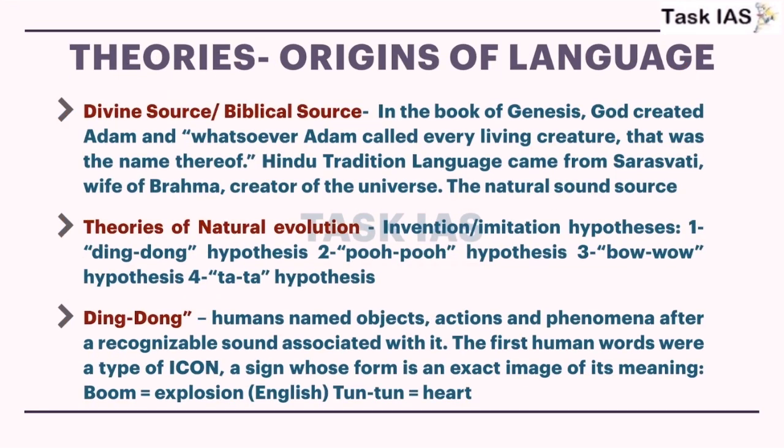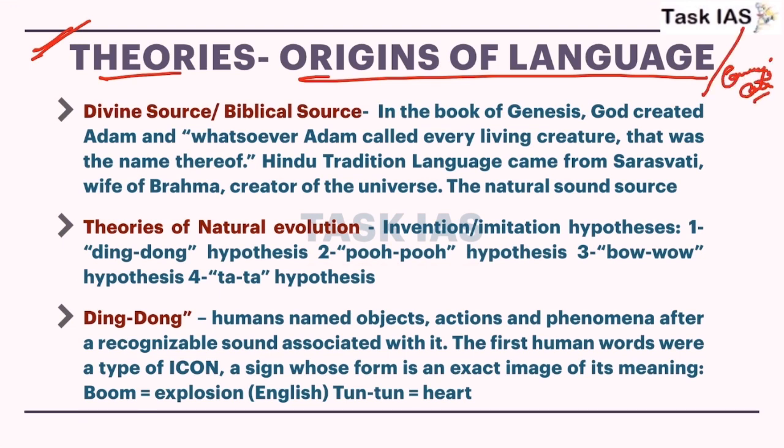Now next is theories about the origin of language. Here you can mention the origin of language, or the origin of communication, because these two terms are sometimes used interchangeably even in books. First is the divine source or biblical source. According to this, the language or communication ability of human beings is given by God.